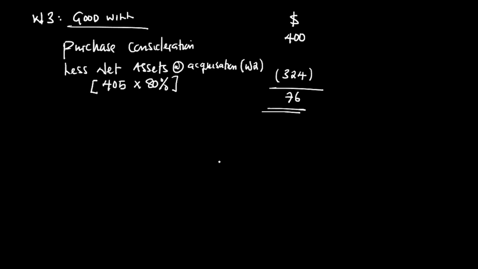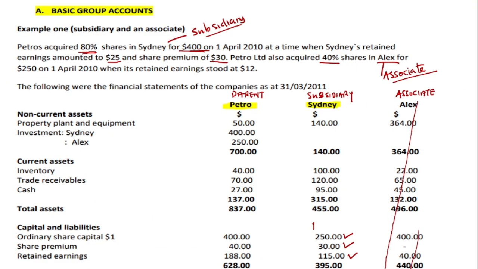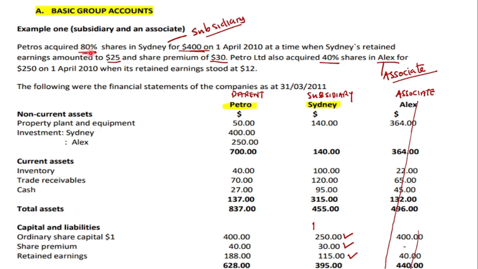Now quickly I want us to get to the question and show you where the figures are coming from. We can just check on top there. The first line told us that Petros acquired 80% of the shares in Seeding for 400. So that 400 is the purchase consideration that you paid to acquire shares in Seeding. So that's the amount that you paid.